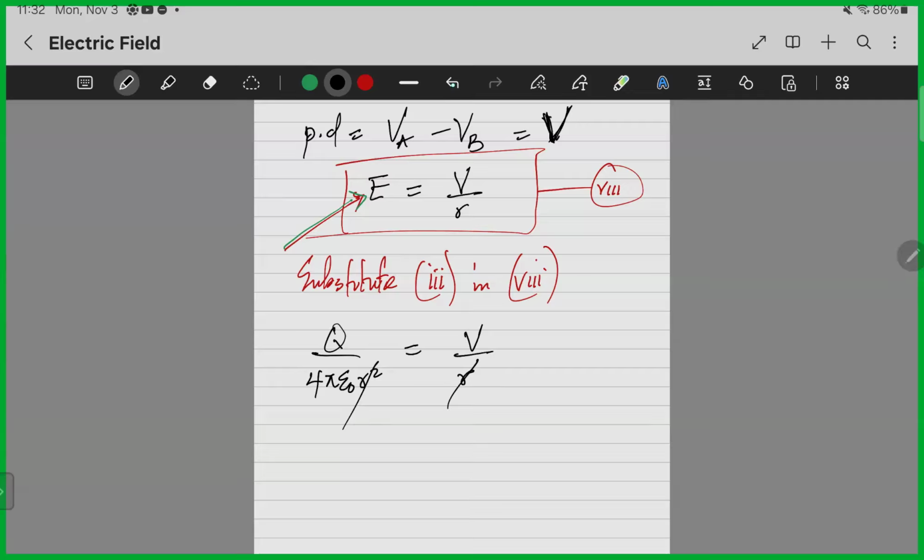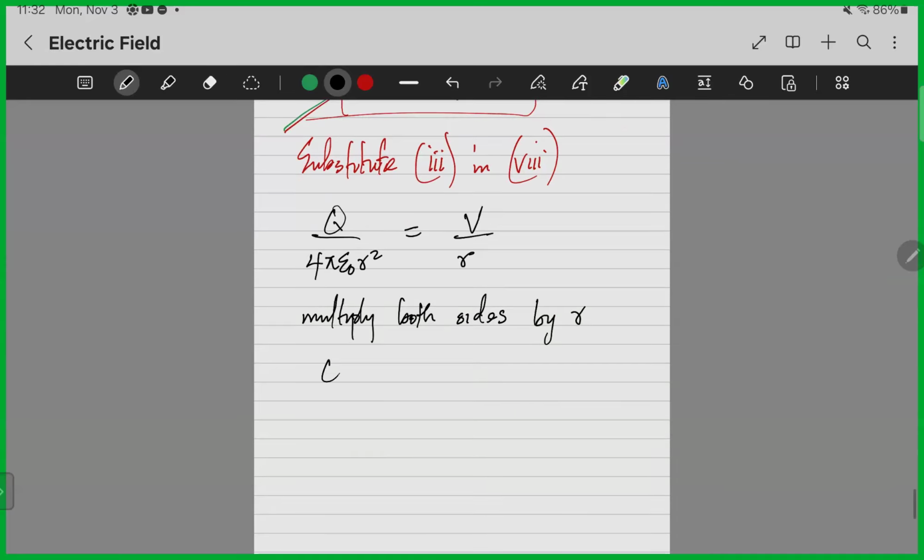You don't need to put cancellations on your work. Just say, okay, maybe multiply both sides by R. If I multiply both sides by R, I am going to have Q over 4 pi E naught R left here, and then V.